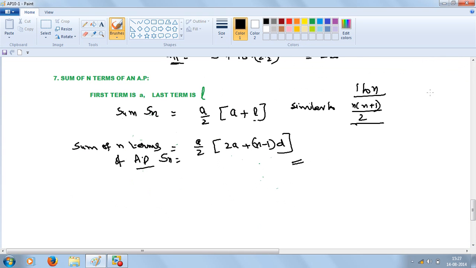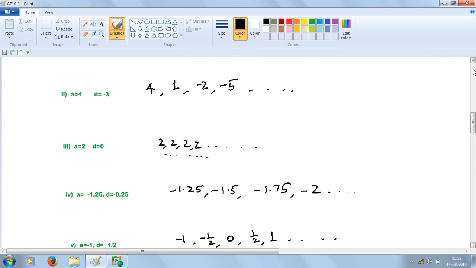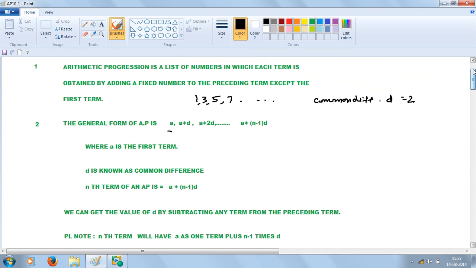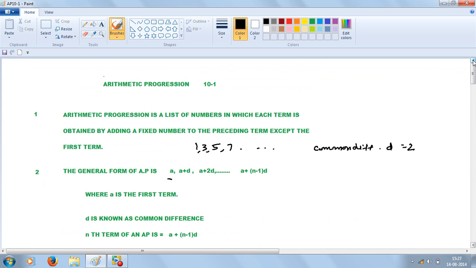So we have come to the end of the first chapter on arithmetic progression. Now we know the various general forms we use. The first term is A, the difference we represent by D, the common difference, and the nth term we denote by A plus n minus 1 multiplied by D. If we know some of these conditions, we can find out the others. Suppose the first term is given and D is given, we can find out the subsequent terms.